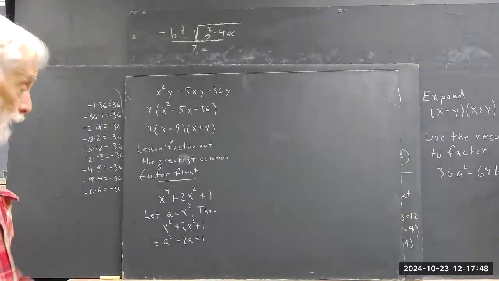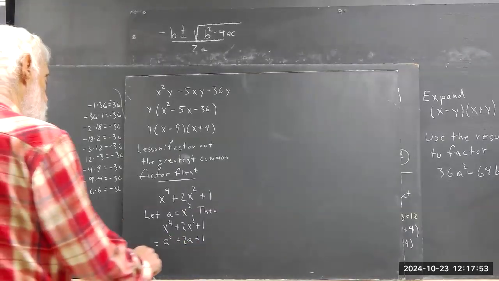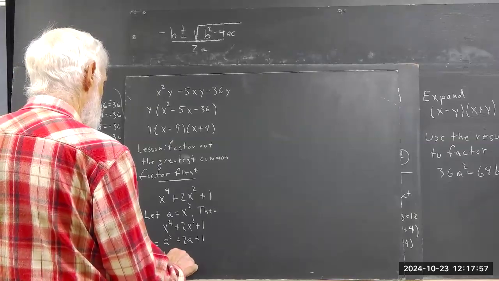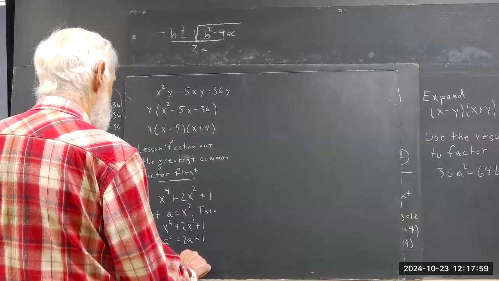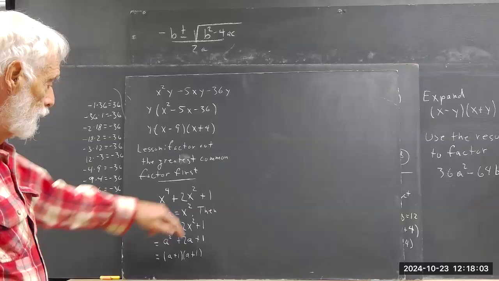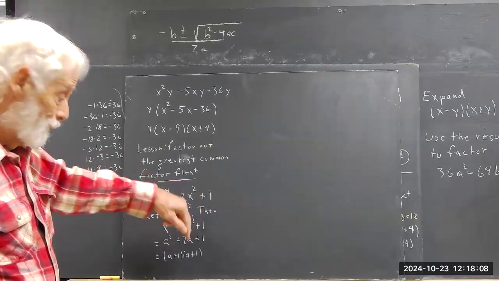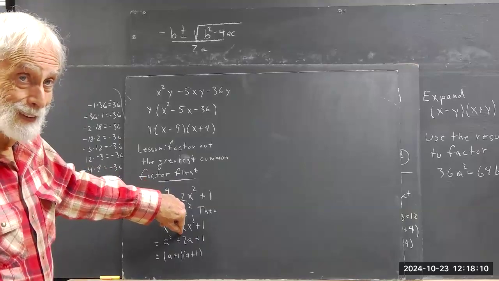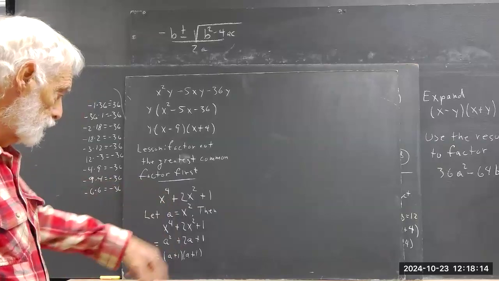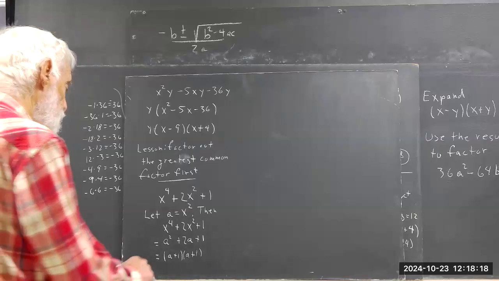Now we can factor this. You get a plus 1 multiplied by a plus 1. You don't have a lot of choice. You've got 1 here, so your factors are 1 and 1, and they better add up to 2. They could be negative 1 and negative 1, but in this case, it's got to be 2. So that's a plus 1 times a plus 1.